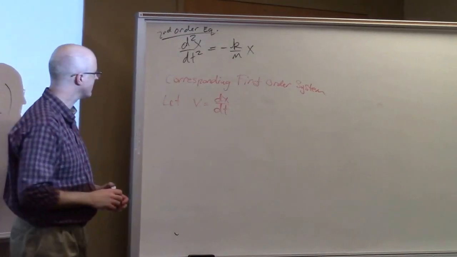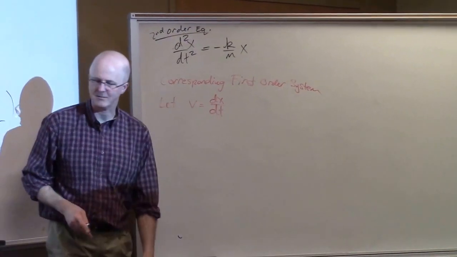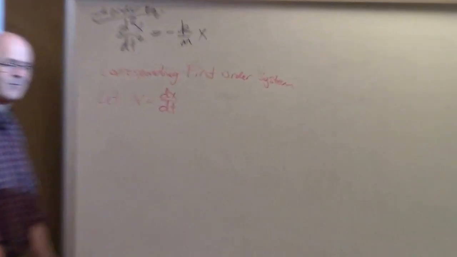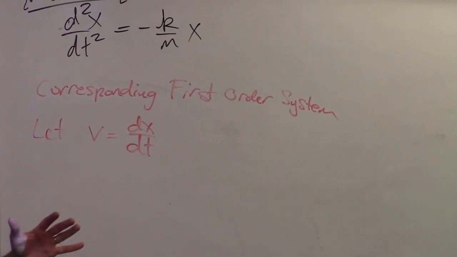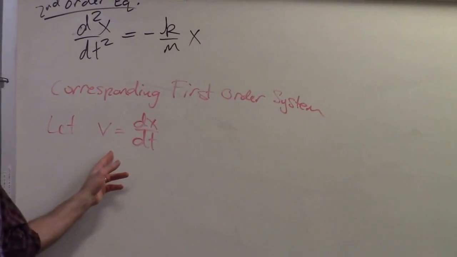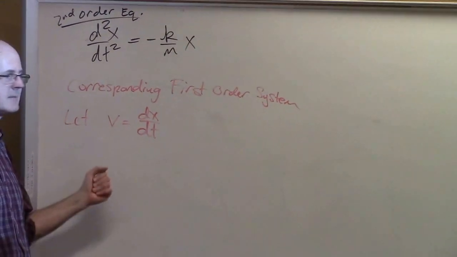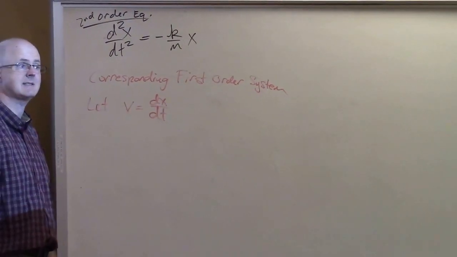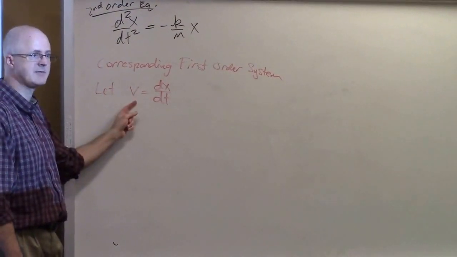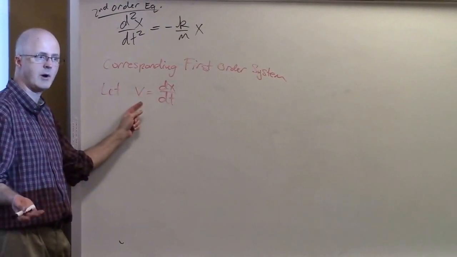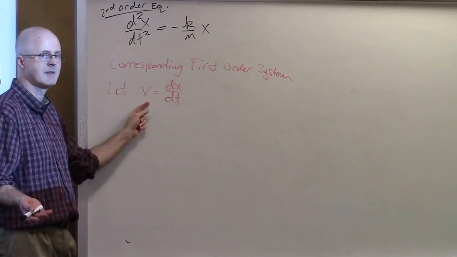Zoom in on that if it's not real bright. We'll go back to black here. I haven't written the system down yet. This is just the introductory definition I need to get my system. Let v be the velocity, dx/dt. This equation defines what v is. It also becomes one of the equations in your first order system.